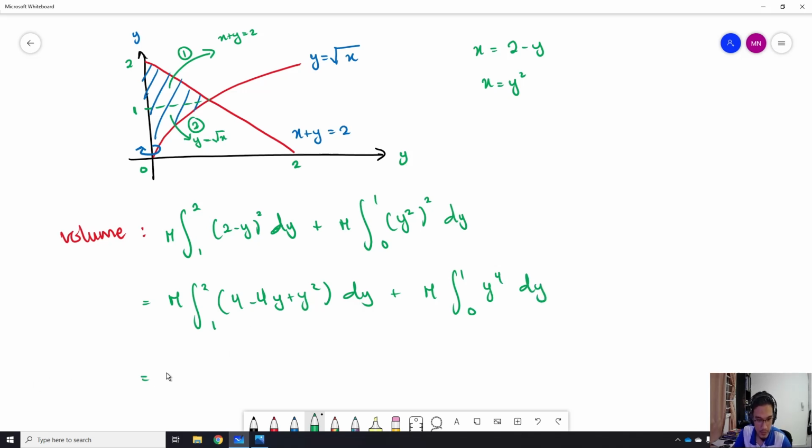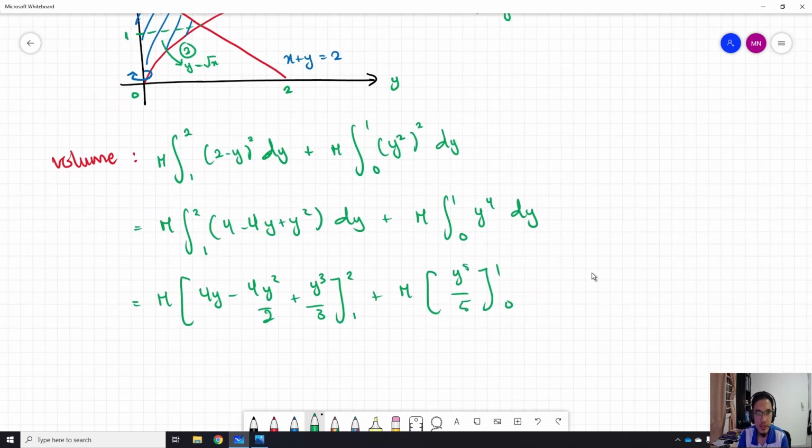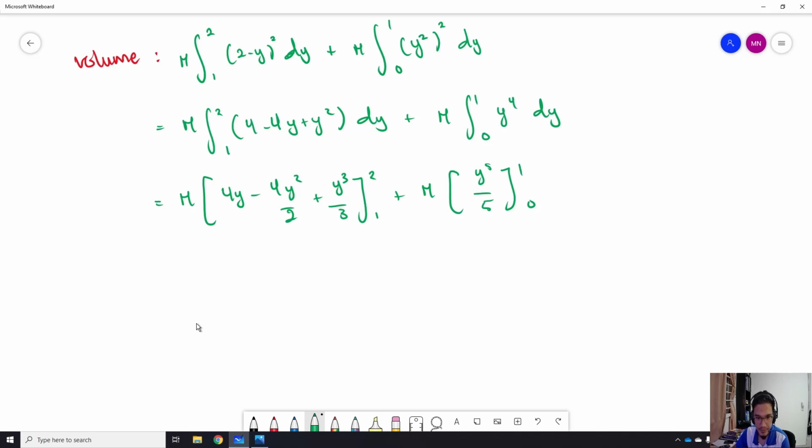So now we integrate the equation, it becomes 4y minus 4y squared over 2 plus y to the power of 3 over 3, from 2 to 1, plus pi y to the power of 5 over 5, from 1 to 0. Alright, now we substitute our values into the equations. So it becomes 8 minus 8 plus 8 over 3.